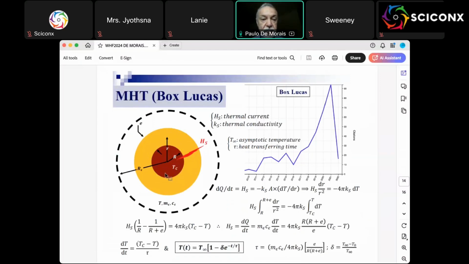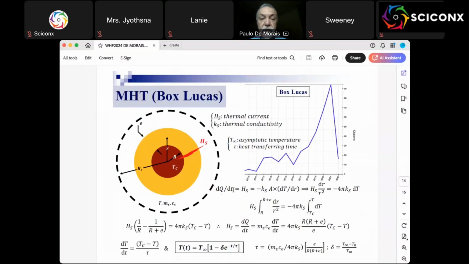And then it heats up the magnetic core. And then there is a heat transfer. We call this HS, the thermal current coming out from the magnetic core to the environment. So we can correlate the thermal current with the rate of production of heat.